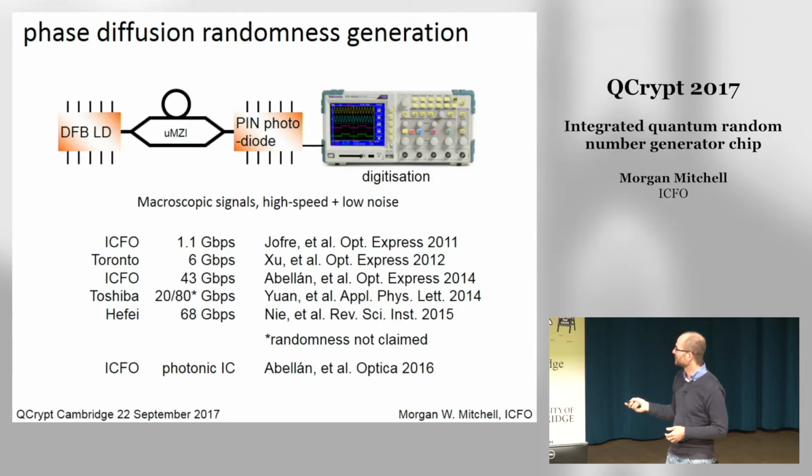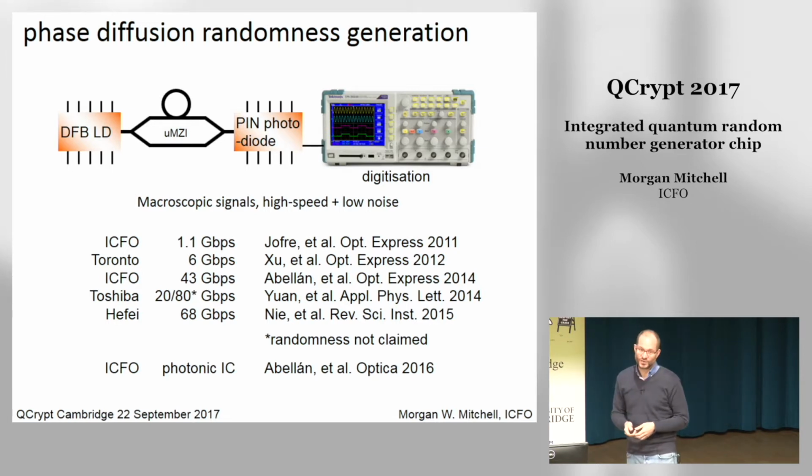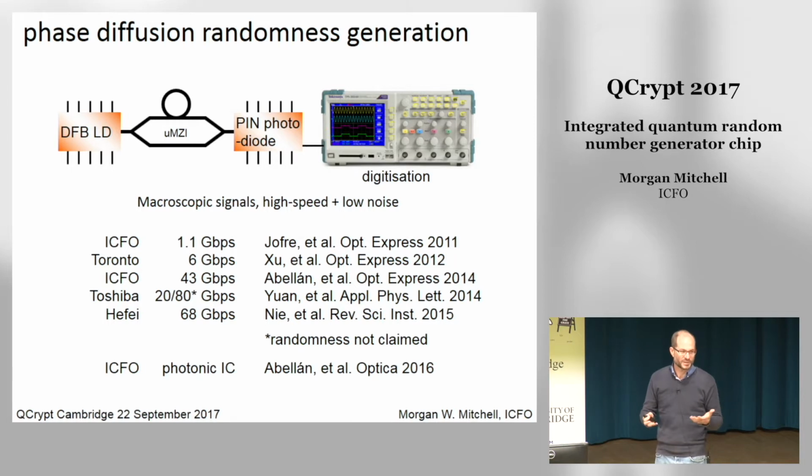And then Jian-Wei Pan's group has what I consider the current record at 68 gigabits per second. Okay, these speeds are, for practical purposes, fast enough that there's no point in going faster. It'd be very difficult to use that speed of generation. And so we're working on other things.